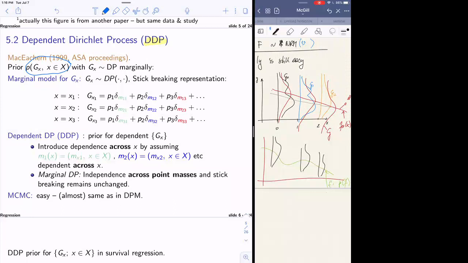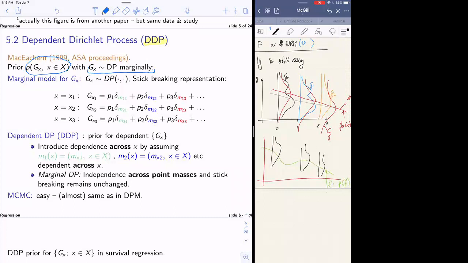And additionally, we want to do it in such a way that marginally each of the G sub x should be a Dirichlet process. So we want a prior probability model for these distributions indexed by covariates in such a way that for a particular covariate combination, the prior should just reduce to a Dirichlet process.